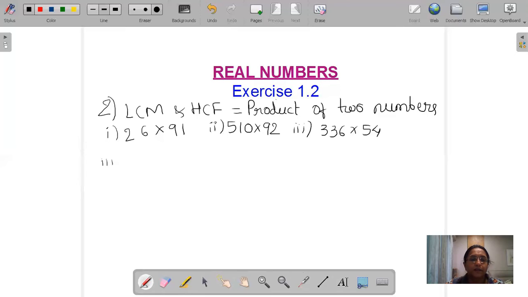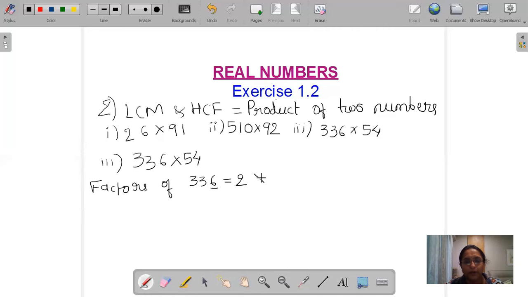Next, I'll take the third example. The third example is 336 into 54. Okay. So factors of 336: it is divisible by 2. 2 into 2 ones are 2, 2 sixes are 12, 2 eights are 16. Again, we can take 2 here. 2 eights are 16, 2 fours are 8.